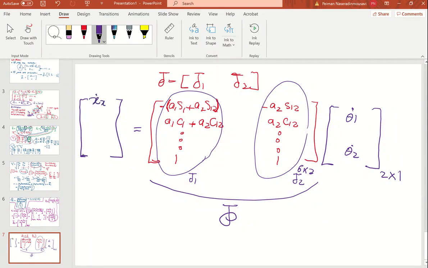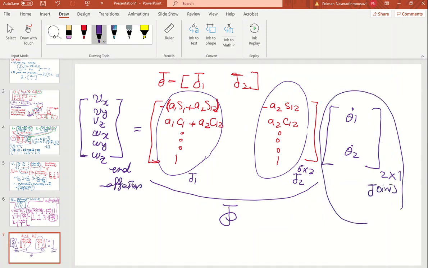This is going to give you v in x direction, v in y direction, and v in z direction, omega in x direction, omega in y direction, and omega in z direction. This is for the end effector, and these are for the joints.